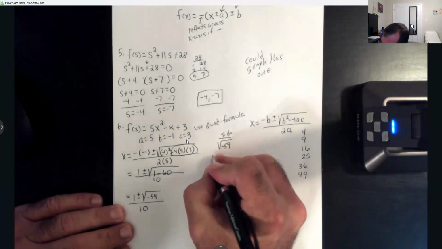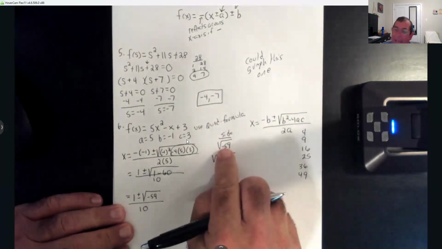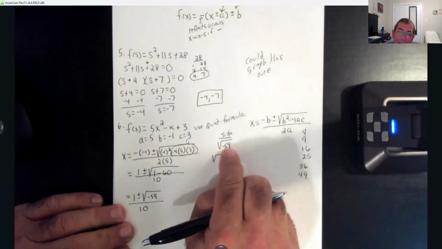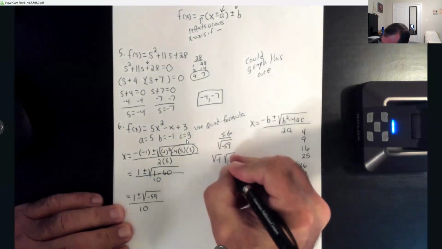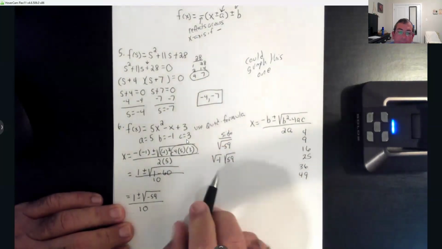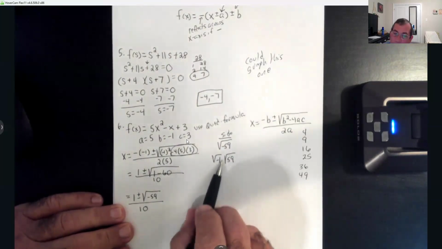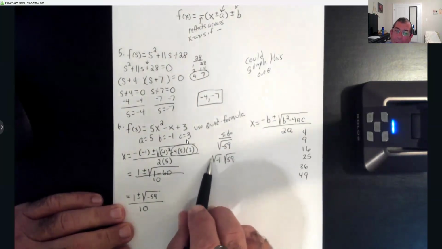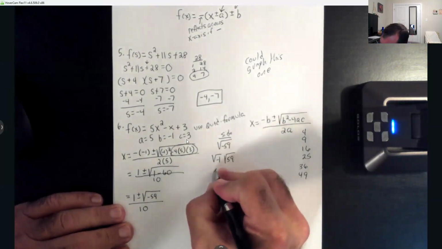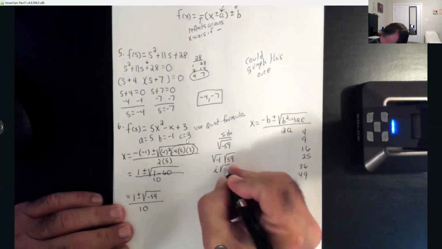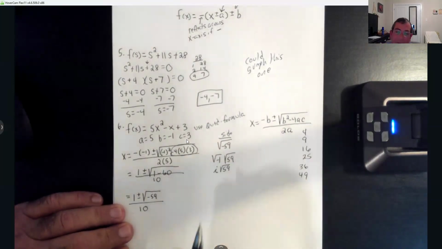But we cannot keep the negative under the radical. So we bring out that negative as a -1. Now, you can't take the square root of -1, remember, but we replace it. So the square root of -1 becomes i, and then I still have my square root of 59.